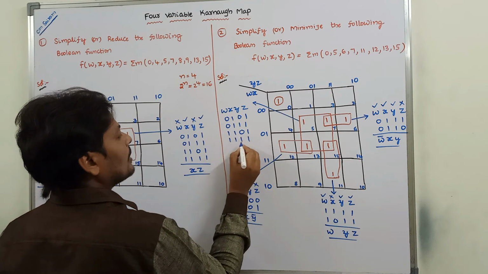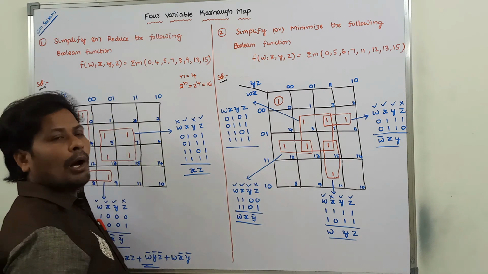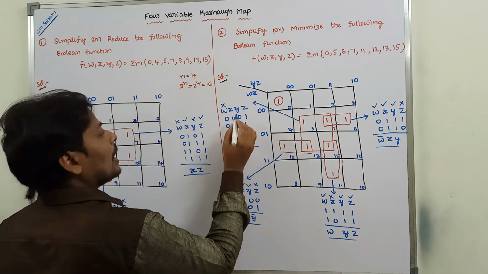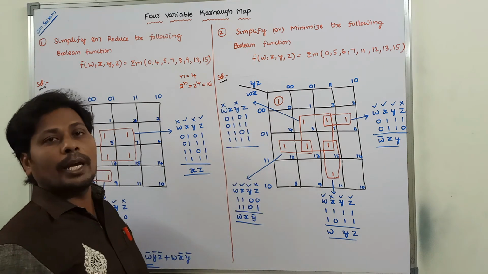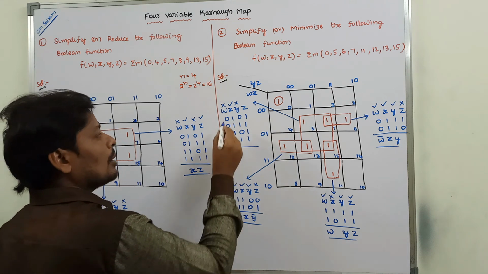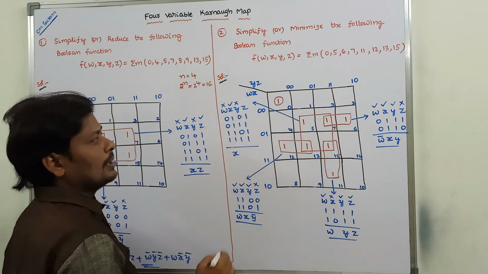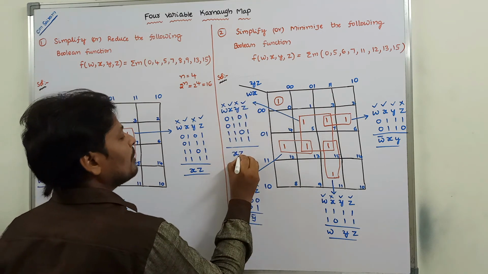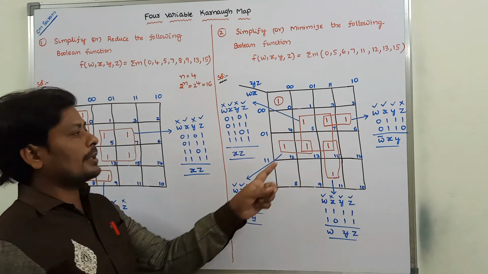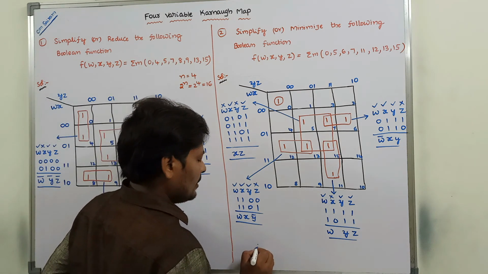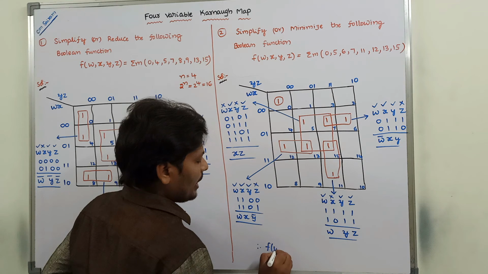Under the W column, a combination of zeros and ones, so we ignore it. Under the Y column, a combination, so we ignore it. Under the X column only ones, so X. Under the Z column only ones, so Z. So for this quad, the expression is X Z.